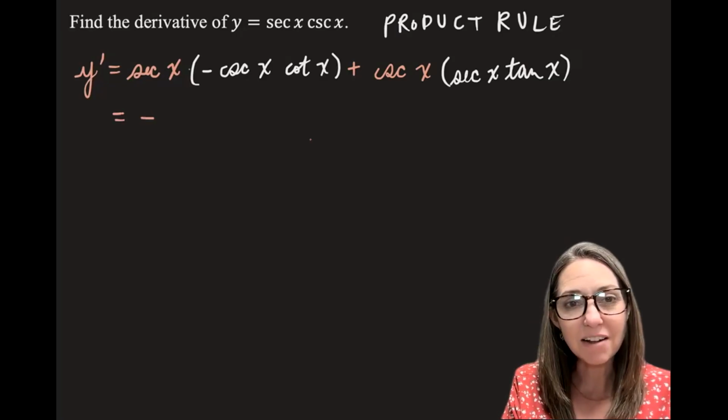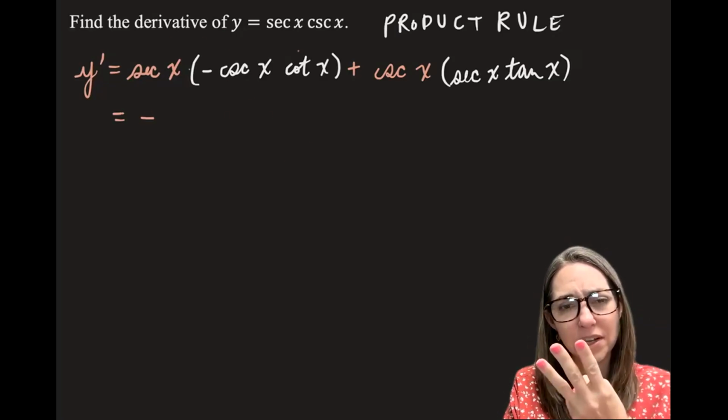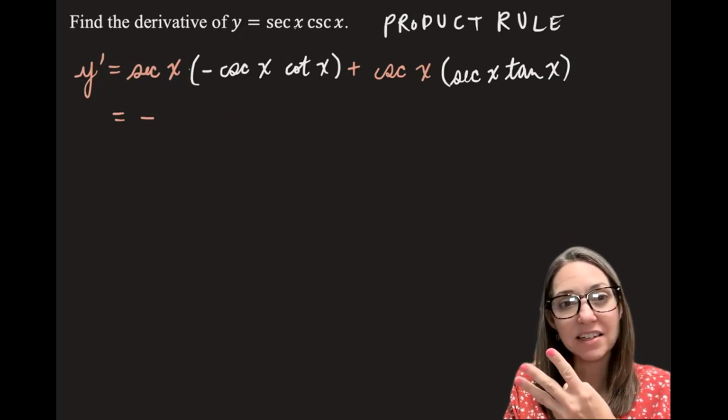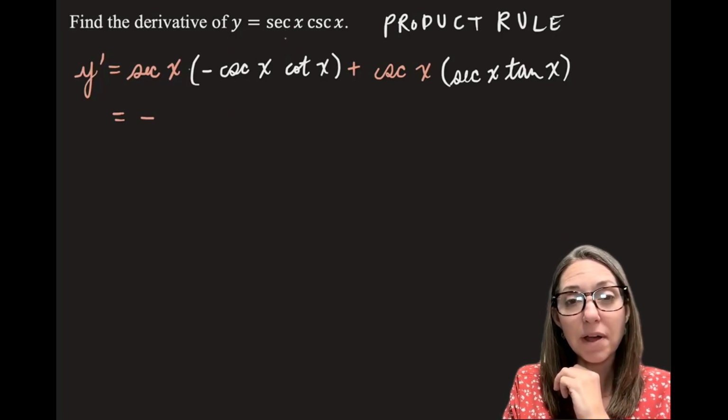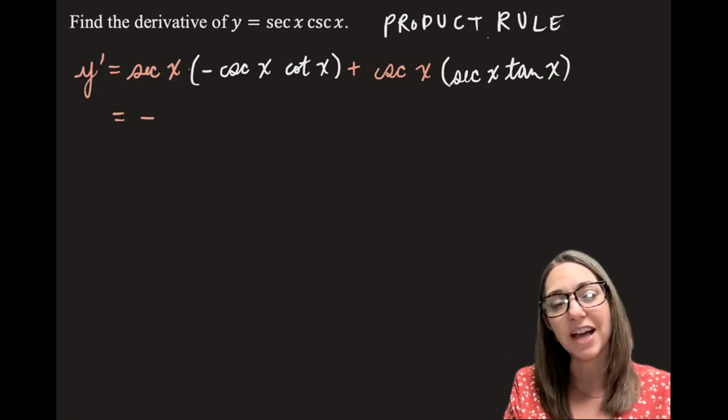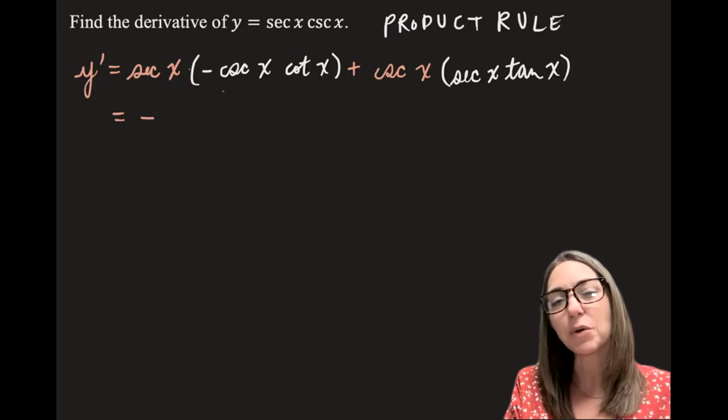So let's pull the negative out. Let's see, we have a secant, a cosecant, and a cotangent. That's three different ratios. I bet we can simplify that. Since we have so many different ratios, I would put all of them in terms of sine and cosine, and then see what cancels.